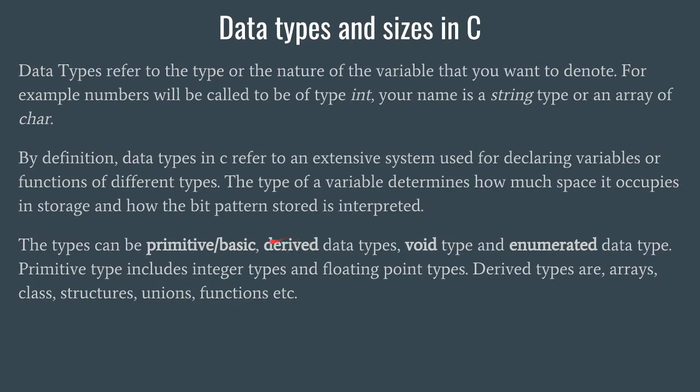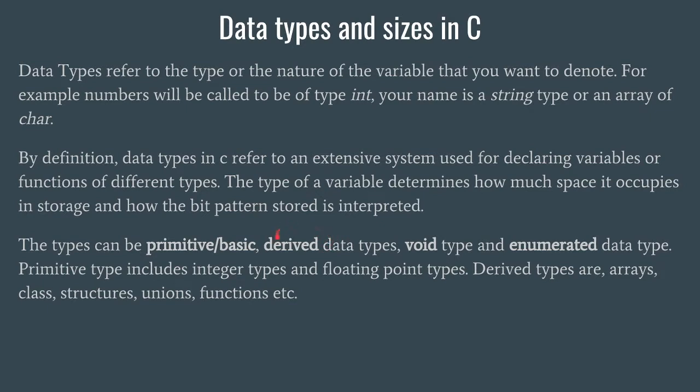Next is the notion of derived data types. The name itself says that they have been derived from somewhere. They do not exist on their own. Some primitive basic data types have been taken, and then modified in such a manner that the newer, modified version can serve as a data type.